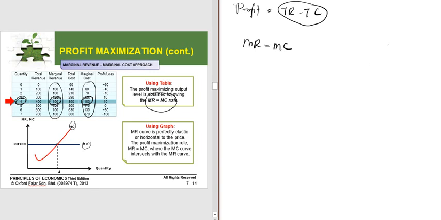So this is the point where marginal revenue equals marginal cost, or you basically maximize your profit at this point. So marginal revenue and marginal cost equal 100. Okay, so that is how you decide on profit maximization for perfect competition using marginal approach.